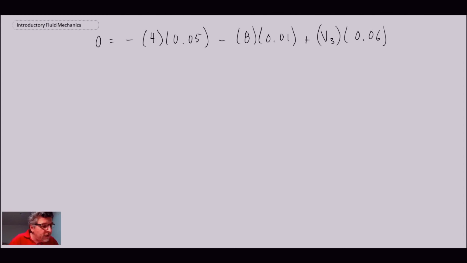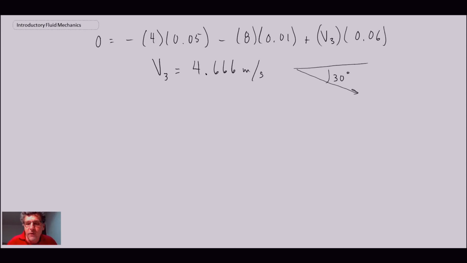So when we solve for this, we then get the magnitude of V3 is 4.666 meters per second. Now what we can do, we do know that that is going to be at an angle of 30 degrees to the horizontal.